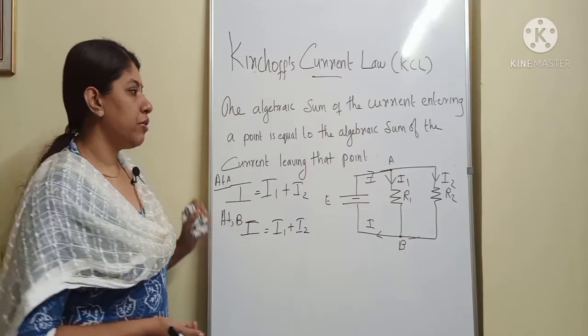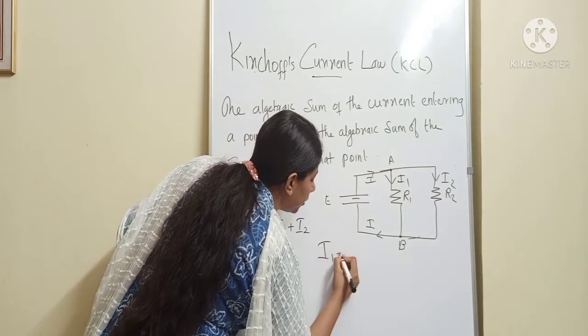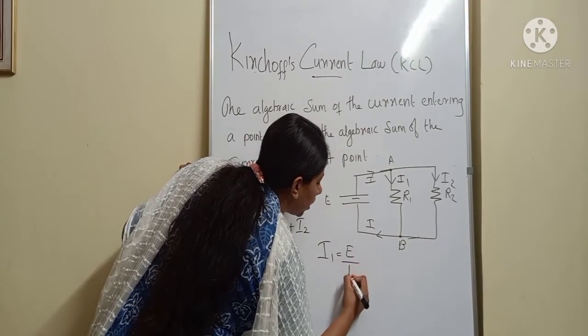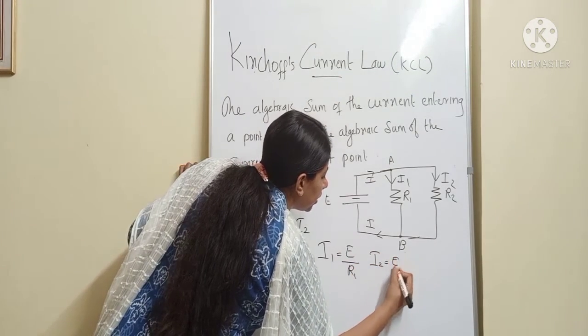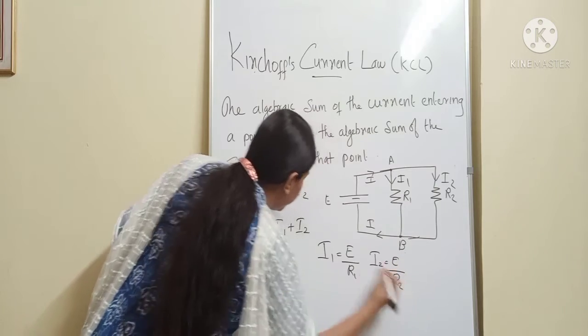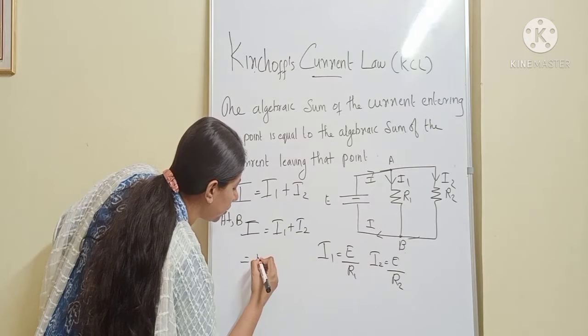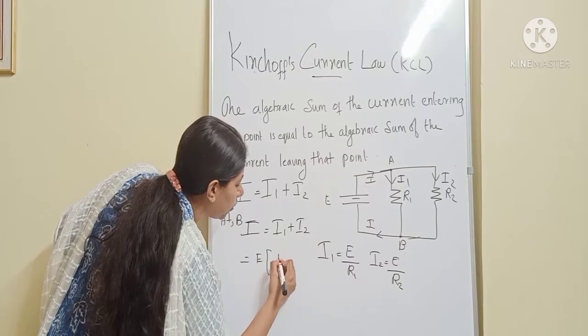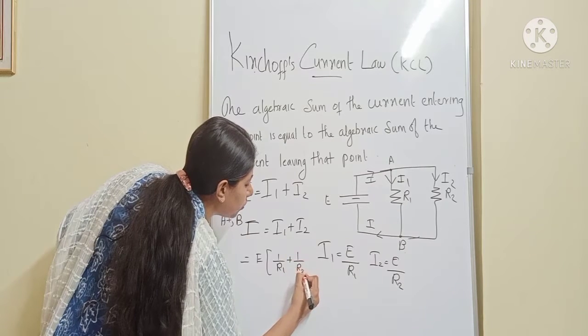Now how can you find out the individual branch currents? I1 = E/R1 and I2 = E/R2. If you substitute this in the final equation, the total current will be given by E times (1/R1 + 1/R2).